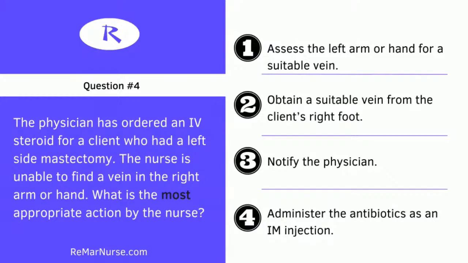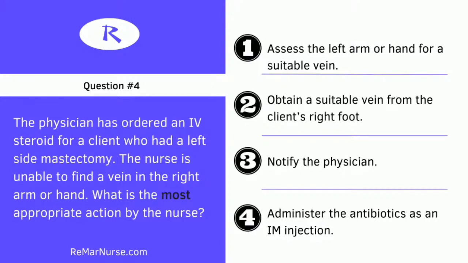Look at the situation. Now this one may make some people uncomfortable. I'm going to read it again. The physician has ordered an IV steroid for a client who has had a left side mastectomy. So we know what that means, right? But the nurse is unable to find a vein in the right arm or hand. What is the most appropriate action by the nurse?